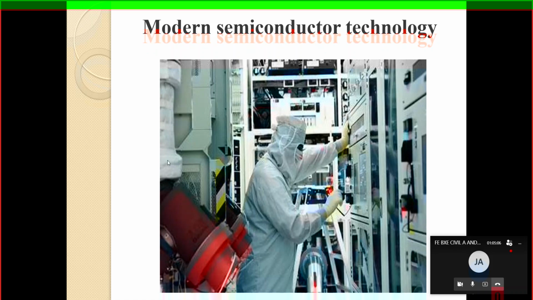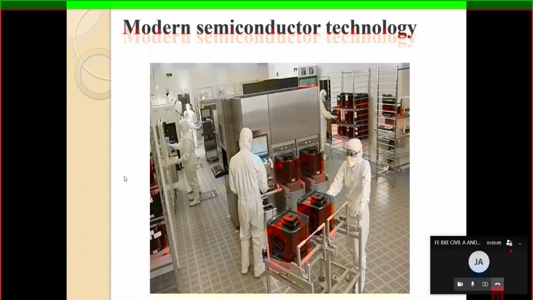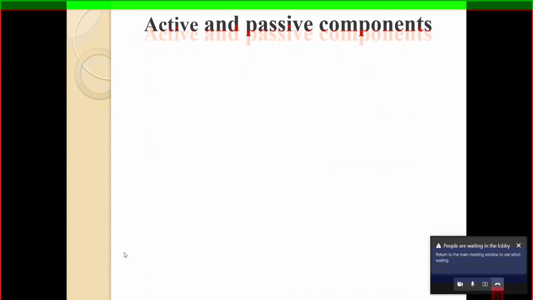Okay, in the next lecture we will see the industry. You can check the wafers and how they are processed in particular parts. That's why the semiconductor is the most important part in electronic devices.